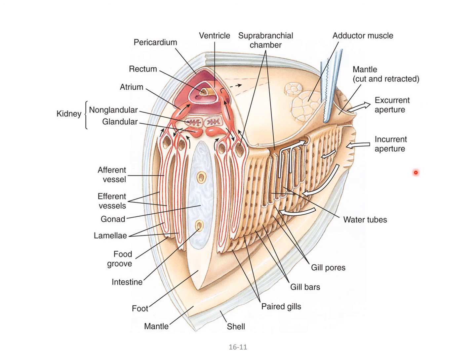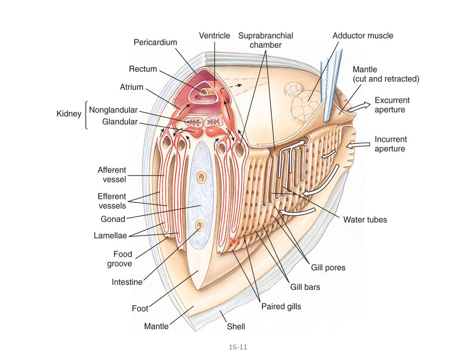And I should mention that there's cilia on the gills, and they also produce mucus. So particulate matter gets trapped on the gills, and the mucus with the cilia move the particulate matter down to the bottom of the gills, and there's a little groove in the bottom, as you can see here.